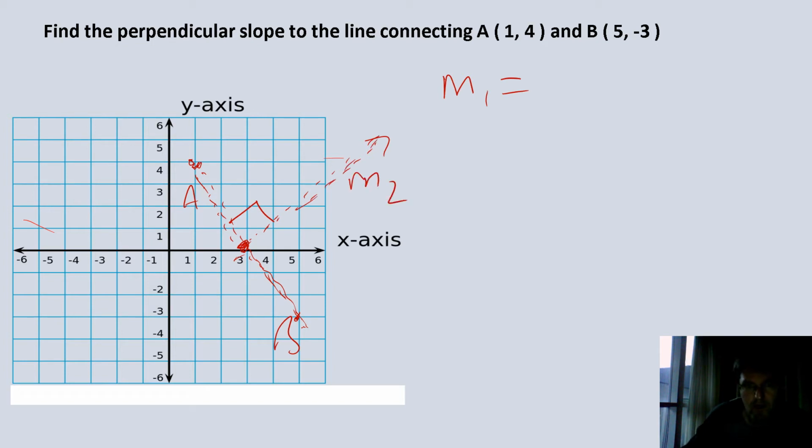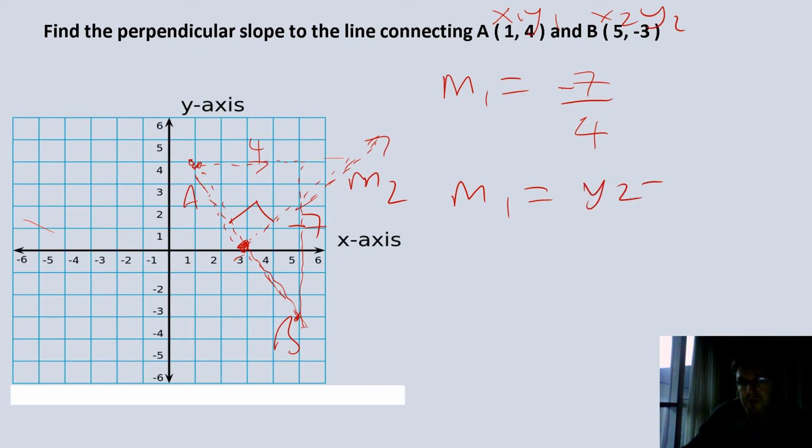Well, one way to think about slopes is rise over run. We already said, didn't we, that we dropped down 7 and went across 4 here. So one way to think of that is a rise of -7, so not really a rise but a drop in this case, and across 4. If you want to calculate that formally using again the notation, then you can use y2 minus y1 over x2 minus x1, and you'll arrive at the same result.